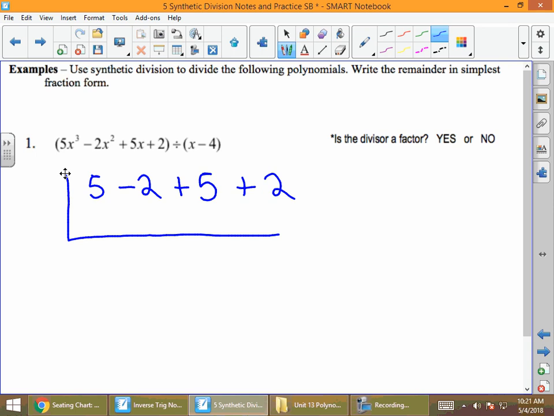So what we're going to do is we're going to change the sign right now. Minus 4 is going to become positive 4. And then we're going to carry down the 5. Multiply. Positive 4 times positive 5 is positive 20. Negative 2 plus 20 is 18.